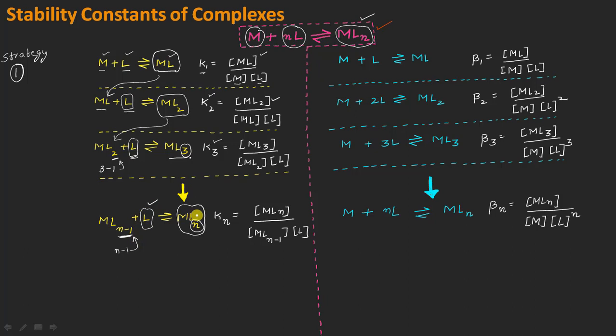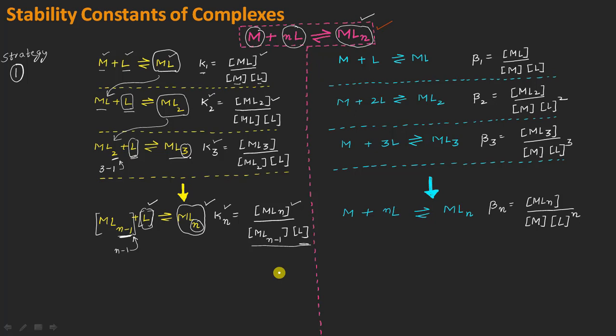It will give us MLn, such that the equilibrium constant for this step, I mean Kn, will be equal to the concentration of the product molecules divided by the concentrations of the reactant molecules, and then the concentration of the L, and you can see it is in this way, right?